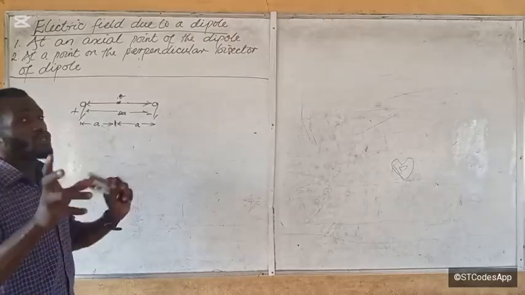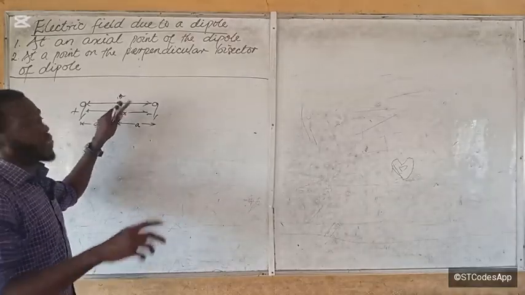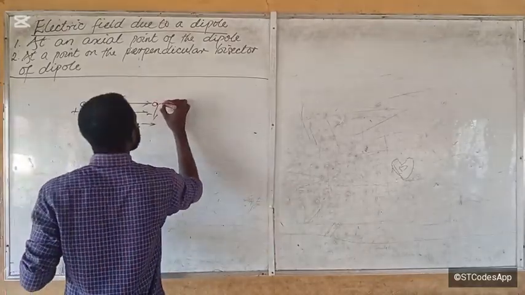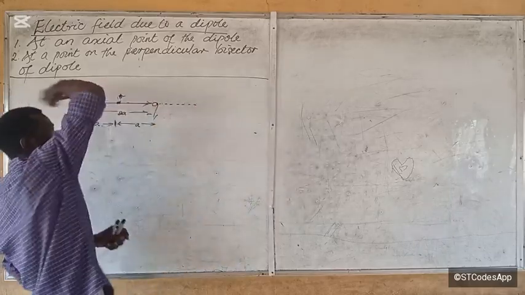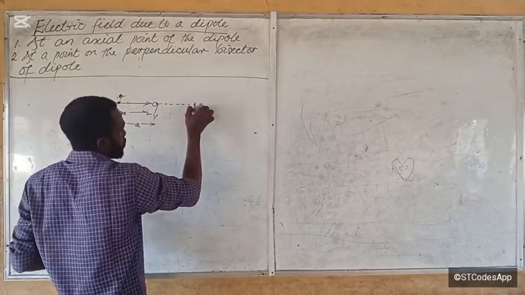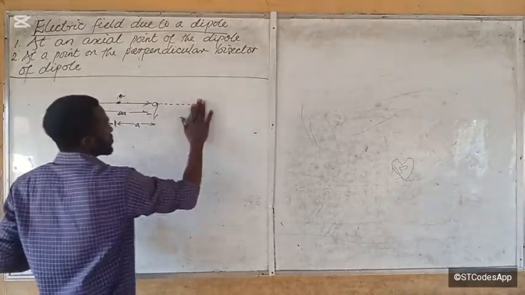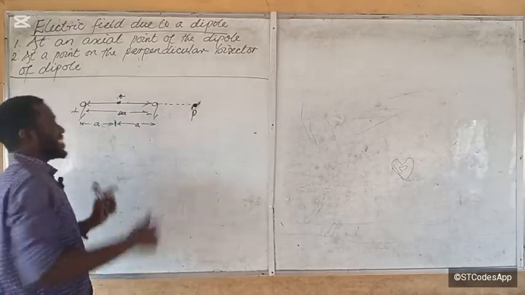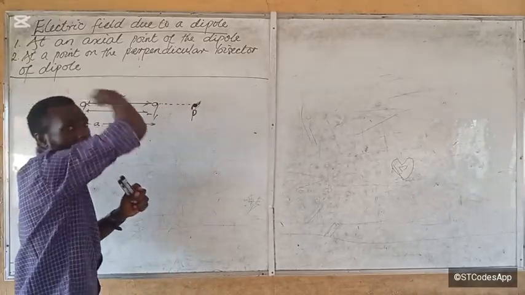Okay, so we want to calculate the electric field due to this dipole first at a point that is collinear with this line. Okay, so at a particular point, let's call this point P as we have been using. So these are point P, okay, that is at the axial point of our dipole.